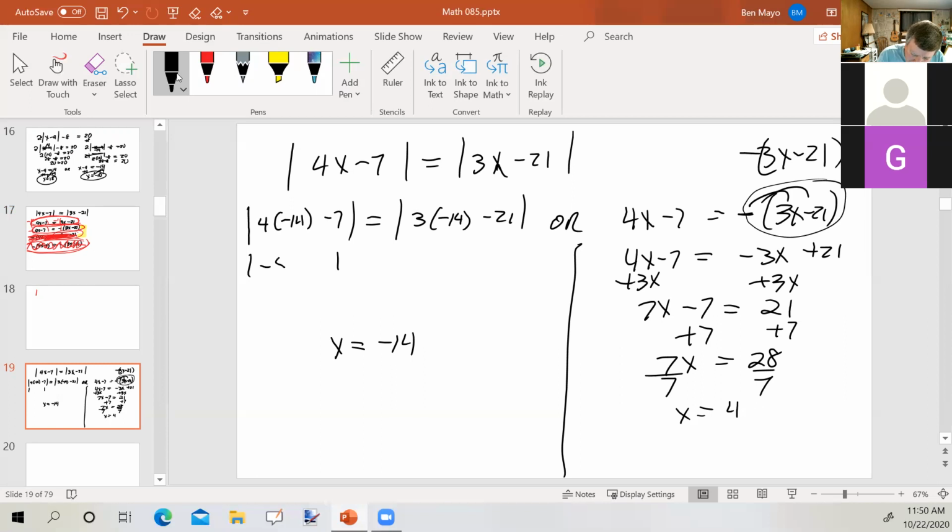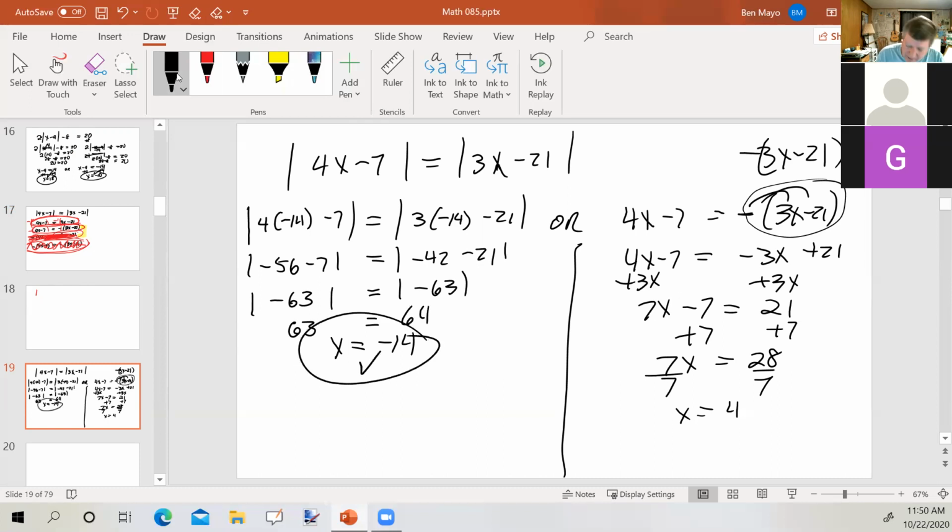That would be -56. What's -56 minus 7 more? That would be -63. What's the absolute value of -63? That would be 63. On the right side, 3 times -14 is -42. Negative 42 minus 21 is negative 63, and the absolute value of negative 63 is 63. So x equals negative 14 checks.